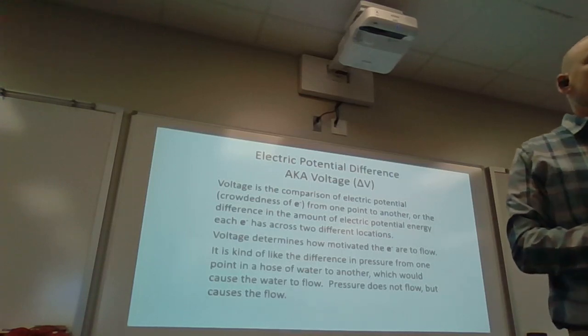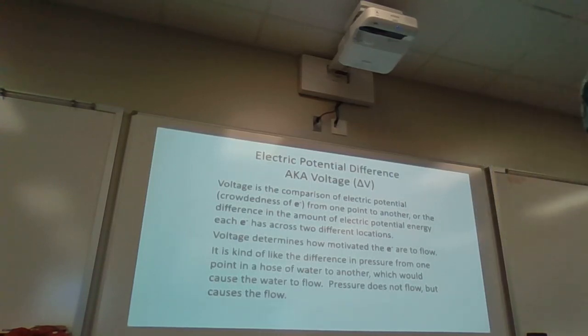A big difference between what we talked about last chapter with static electricity and circuits is this. Static electricity, when electrons transfer, it's in spurts, bolts, like pow, pow, it's not continual. With circuits, it's a continual steady flow.